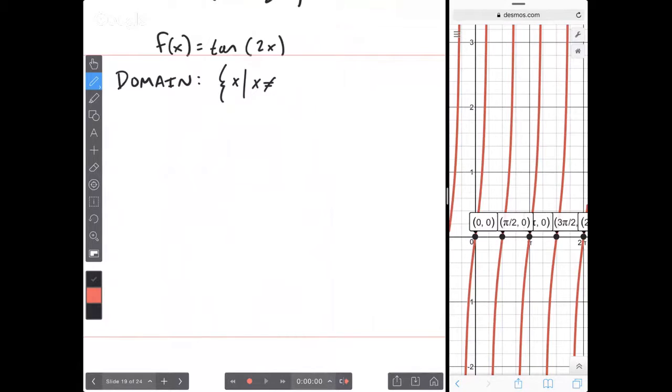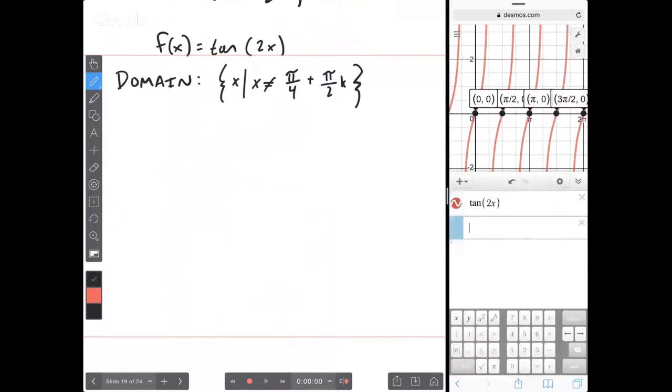So where are my asymptotes here? It looks like pi over 4 plus pi over 2k. Because I have an asymptote at x equals pi over 4.